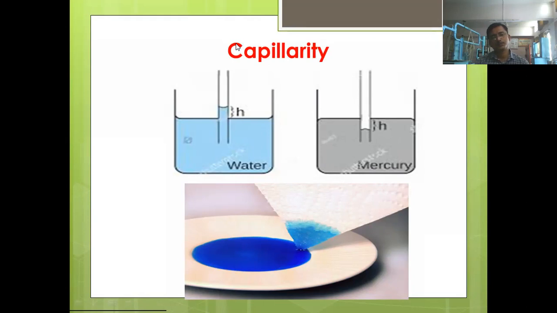Just now, what we have learned? Surface tension, correct. So this much property, I think near about 6 properties. Yes, exactly 6 properties we have studied till now. And this is the 7th property, that is capillarity.